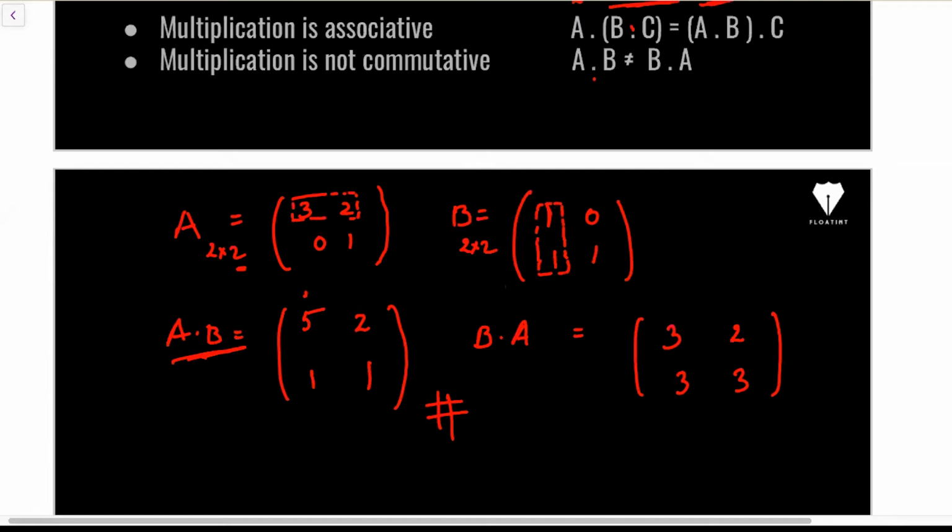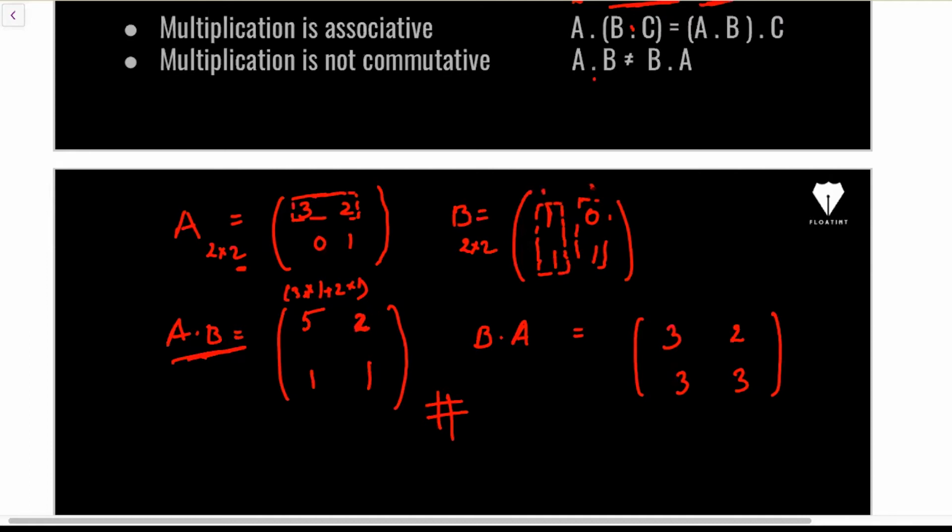So 3 multiplied by 1 plus 2 multiplied by 1, and that is how this 5 came here. Now, how did this 2 come? The same 3, 2 will be multiplied with the second column.